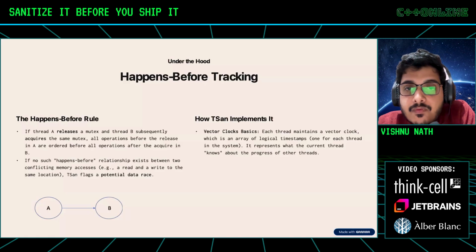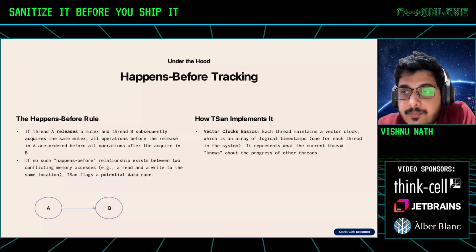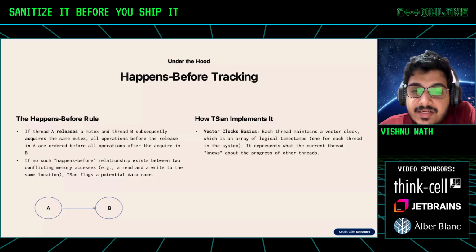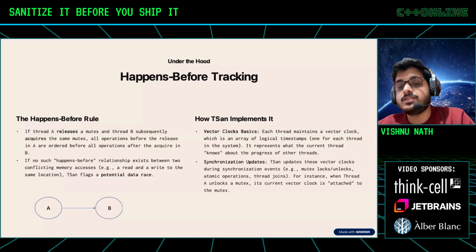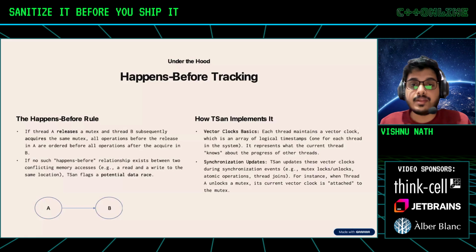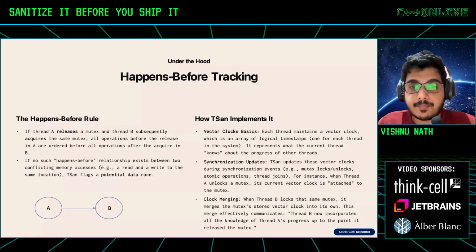For example, if I have two threads A and B, thread A contains two indices, 0 and 0, where the first index marks the timestamp or the information about that thread itself, and the second index is for the other thread. So that's the vector clock, and when there is mutex locking and unlocking, a merging of this vector clock happens, and happens-before tracking happens.